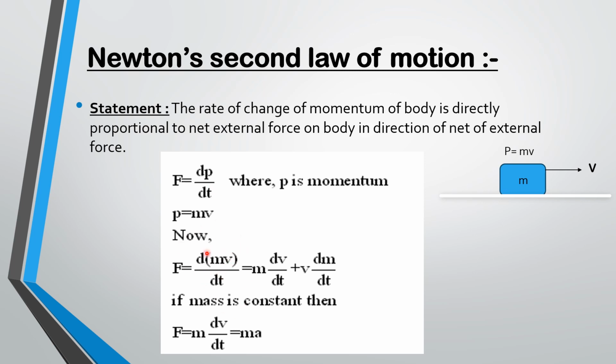Now we differentiate this. We know the differentiation of a product u times v is u times the differentiation of v, plus v times the differentiation of u. Here u means m and v means v.